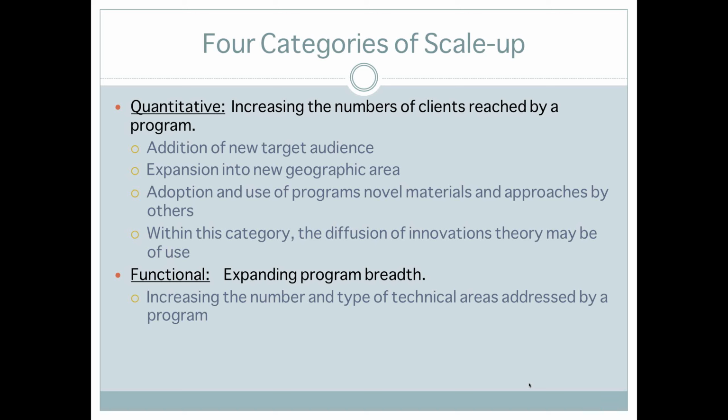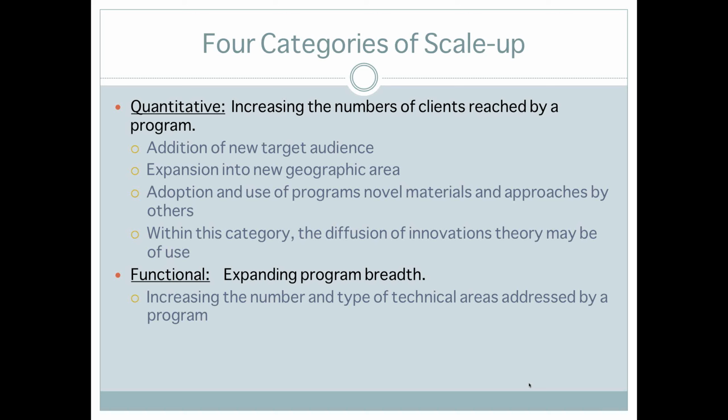You can move from one community into another, so you can expand into a new geographic area, and that will give you an increased number of clients. You can adopt and use programs and materials by others, and the adoption of novel materials can increase the number of clients coming in.